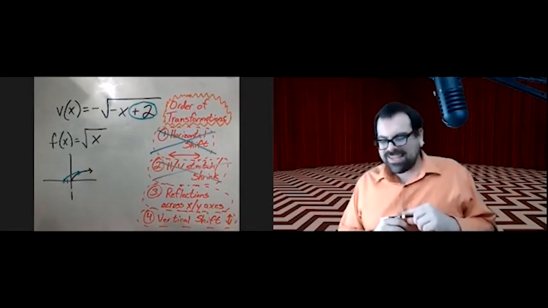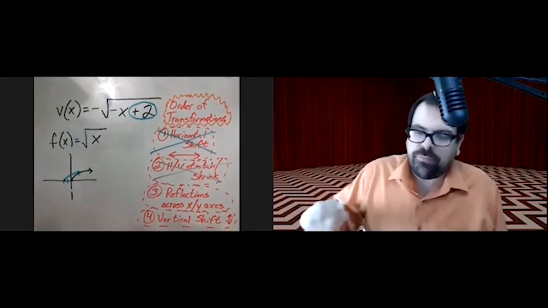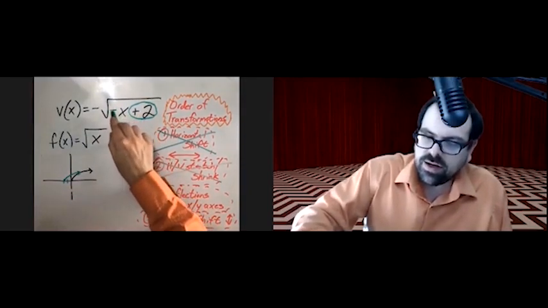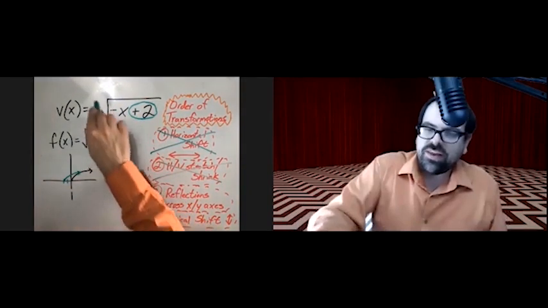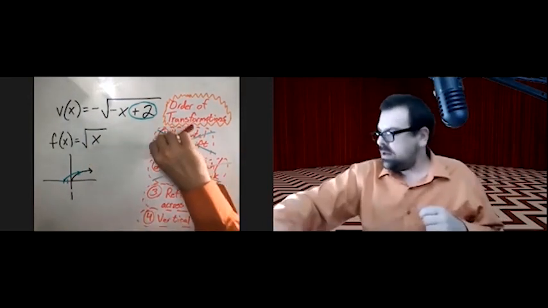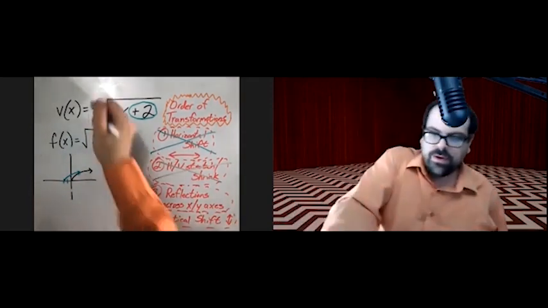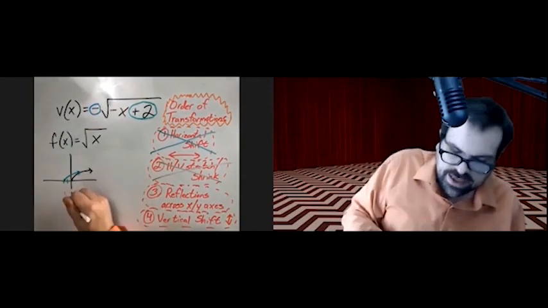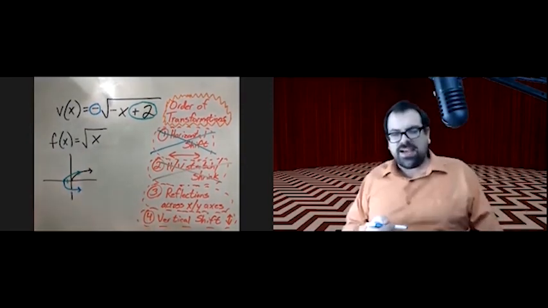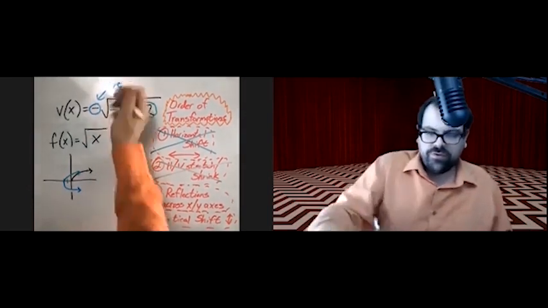Reflections across x and y axes. And here we have both. Here is a reflection, and there's a reflection. The one on the outside is the one that flips it over the x-axis. That one is our vertical flip.